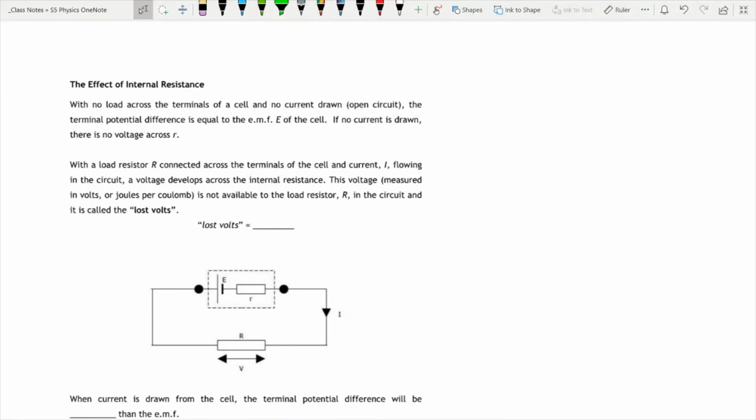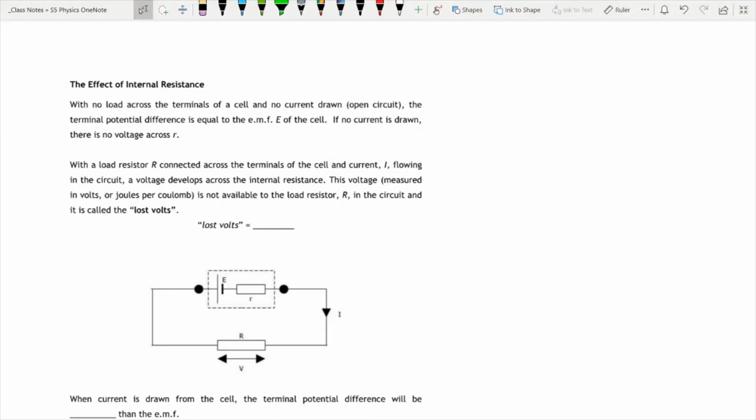If you had no load across the terminals of a cell and no current drawn, which we call an open circuit, the terminal potential difference is equal to the EMF. So we get the whole package. That's if nothing's plugged into the circuit. If no current is drawn, there is no voltage across the mini R, the internal resistance.